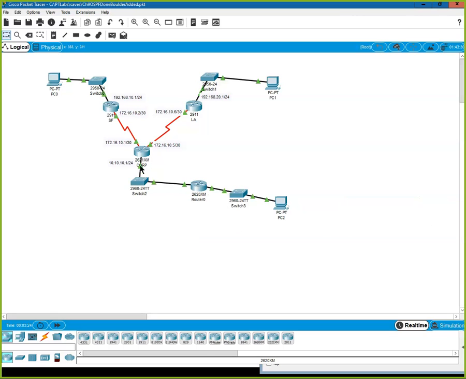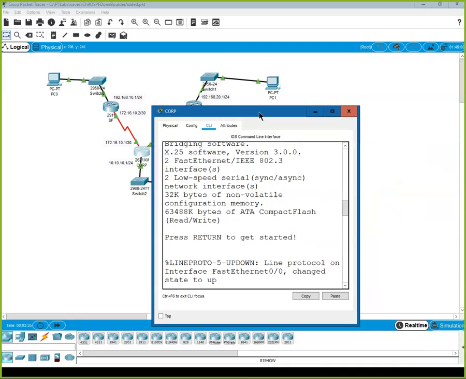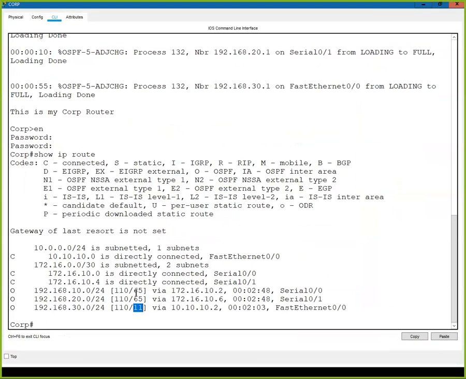So we have a cost of 11 to get to it, and we have the 66 costs, or the 65 costs. Let's go back here to get to the 172.16.10s. 65 is going to be the cost for the serial links that we have here, and actually it's 10 and then 1 to get across the router that gives us the 11 to get to the other side to do those things.